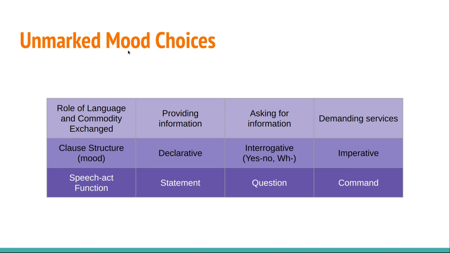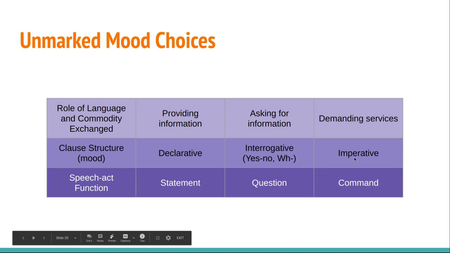Now, to provide information, we usually make a statement by means of a declarative clause. To ask for information, we ask a question by means of an interrogative structure. And to demand services, we make a command by means of an imperative clause.